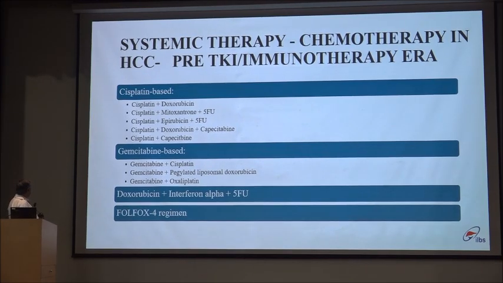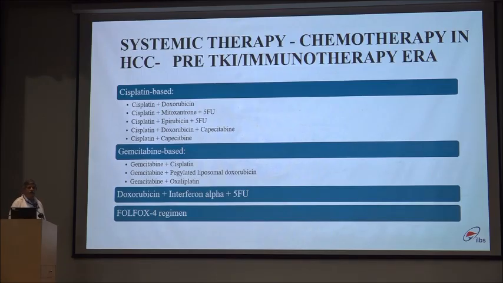After cisplatin, gemcitabine-based regimens were also used: gemcitabine plus cisplatin, gemcitabine plus pegylated liposomal doxorubicin. None of these chemotherapies were effective.